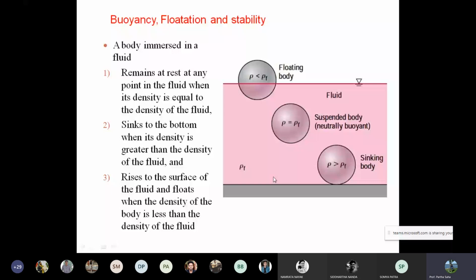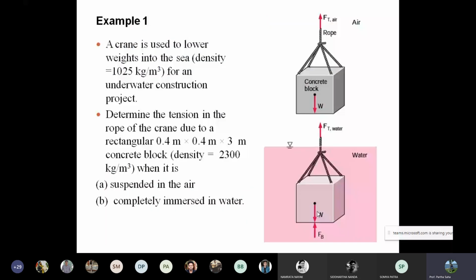An example is given here. A crane is used to lower weight into the sea. For an underwater construction, determine the tension in the rope of the crane due to a rectangular concrete block. So this is a concrete block.